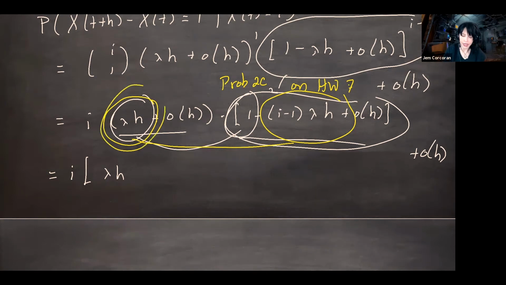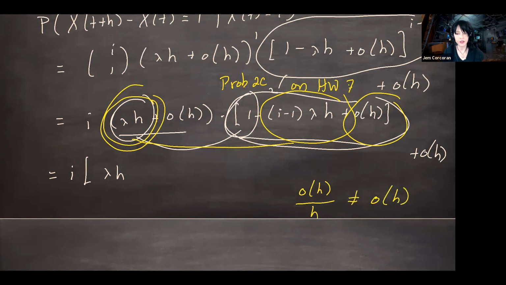And lambda h times little o of h, remember, if you take a little o of h function and divide by h, that is not necessarily little o of h, because you could have had an h squared. And if you divide by h, you only have an h. And that's not little o of h, because if you divide by another h and let h go to 0, it doesn't go away. But something that's little o of h times another factor of h is even more little o of h.